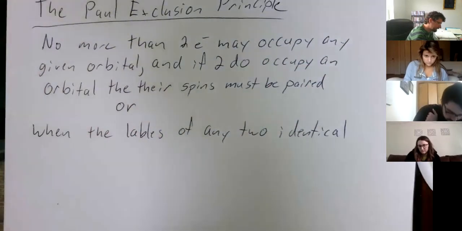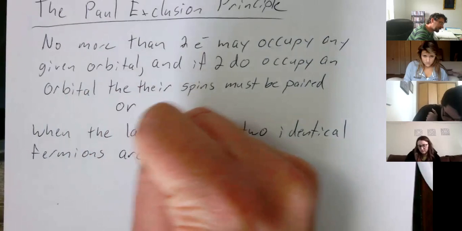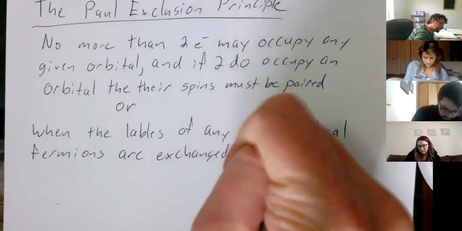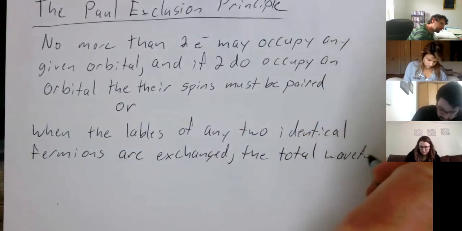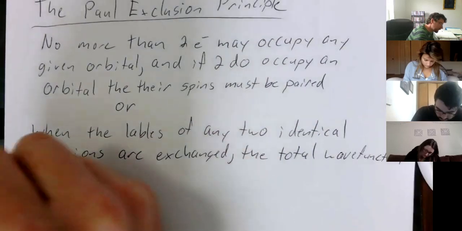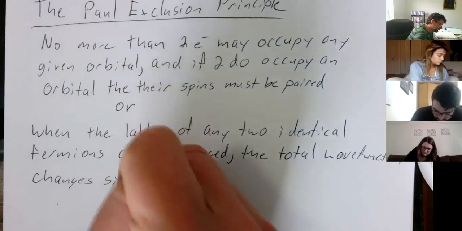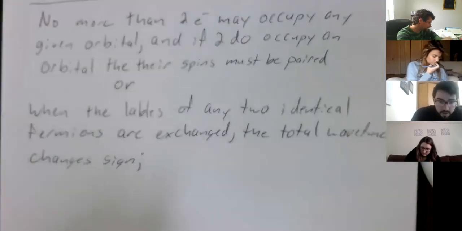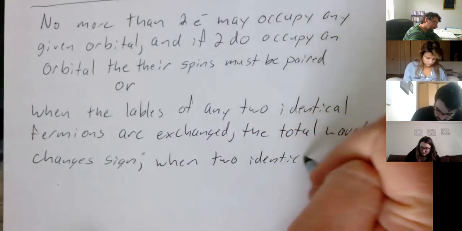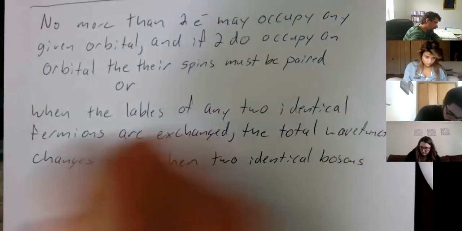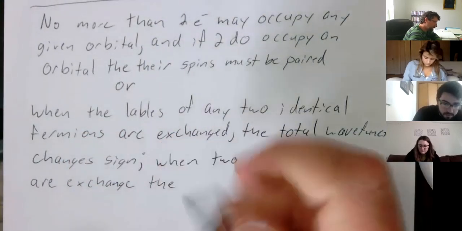We're going to be a little more inclusive and say identical fermions. When the labels of any 2 identical fermions are exchanged, the total wave function changes sign. And if we're talking about bosons, when 2 identical bosons are exchanged, the total wave function stays the same.